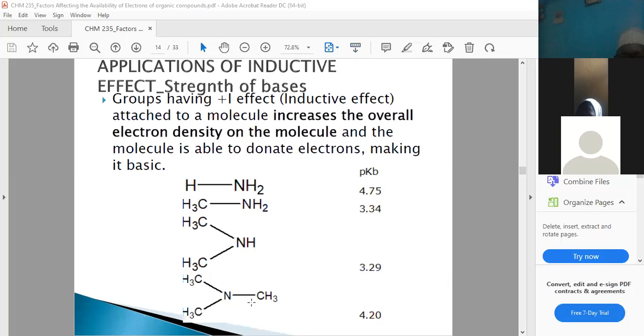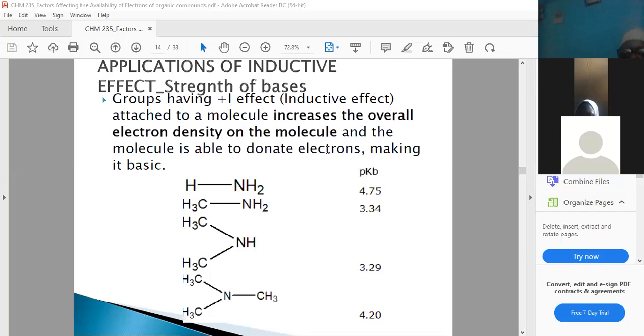I said we expect trimethylamine, which has 3 methyl groups, to be a stronger base than dimethylamine, which has just 2 methyl groups, because it is the presence of the methyl that increases the basic strength of this molecule.